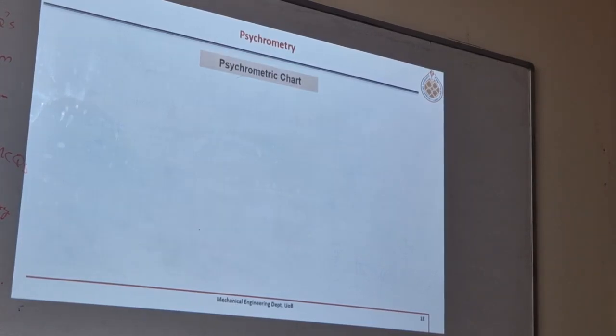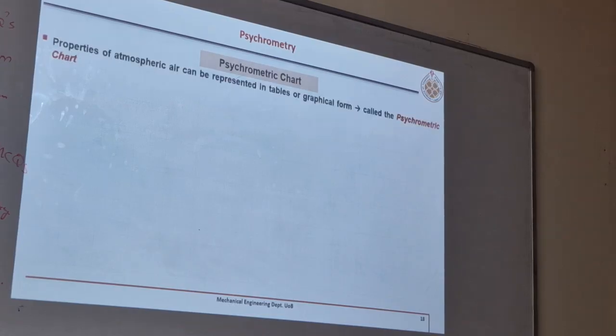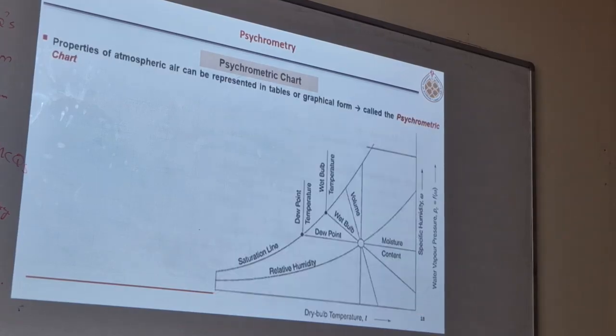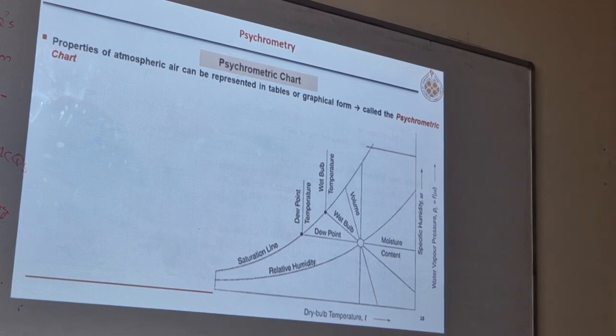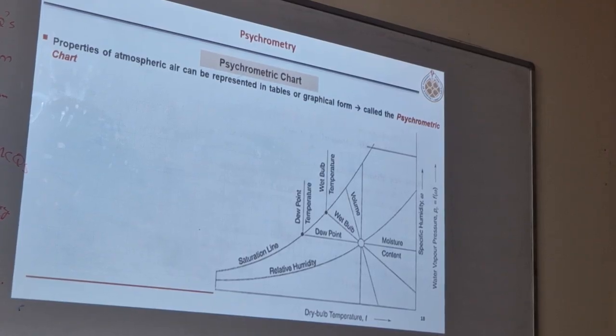So instead of using these equations, we have a chart, right? That is called the psychrometric chart, in which all these moist air properties can be shown conveniently. And we can use this universal psychrometric chart to solve air conditioning problems, or to design air conditioning systems, or to find out the moist air properties, right?